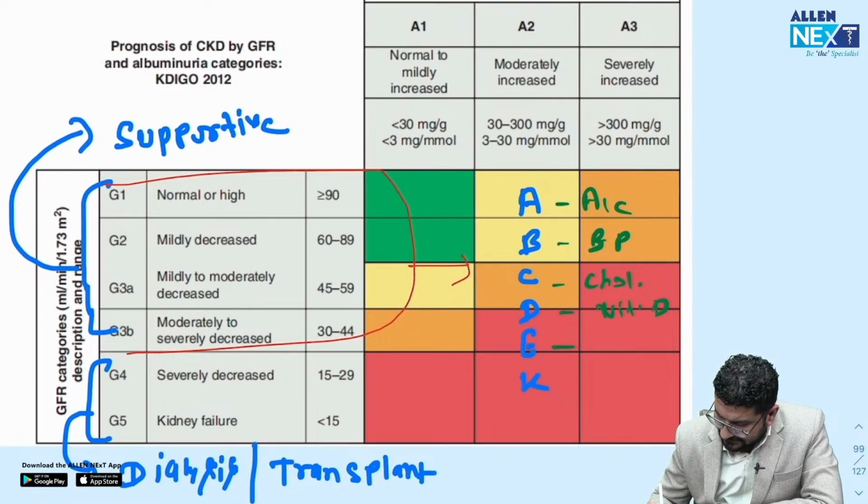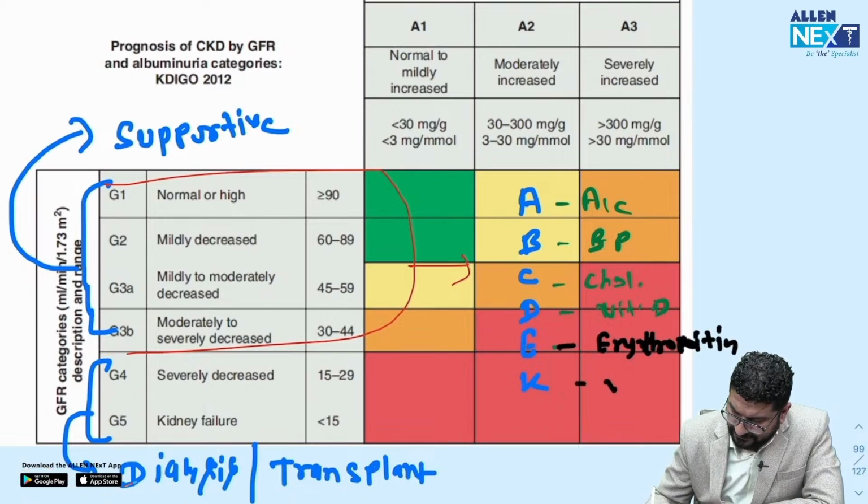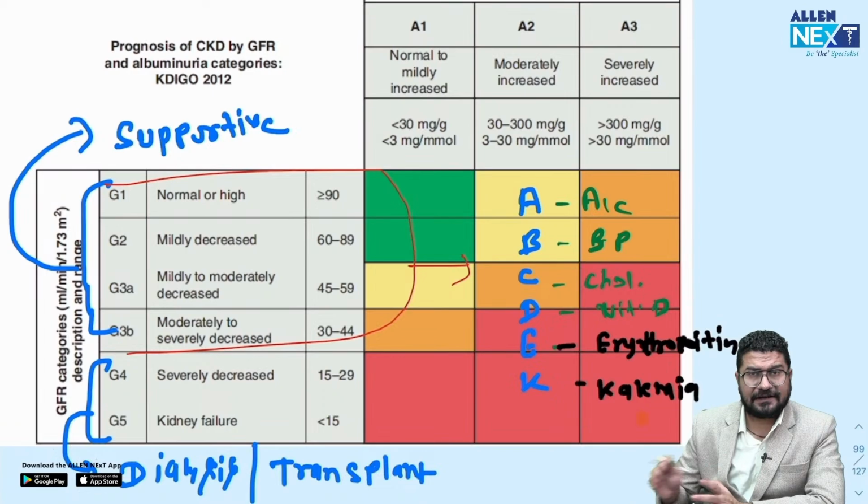Understand, E here will be recombinant erythropoietin. And K is kalemia, meaning potassium correction. Most patients will have some problem, there is hyperkalemia, so that needs to be corrected.